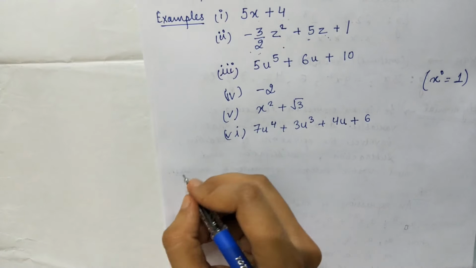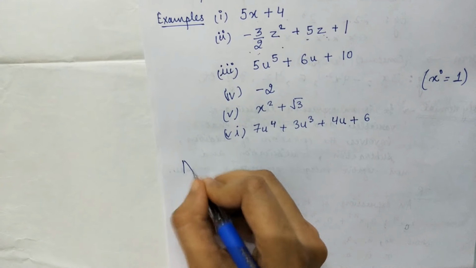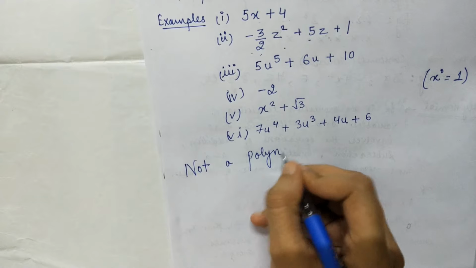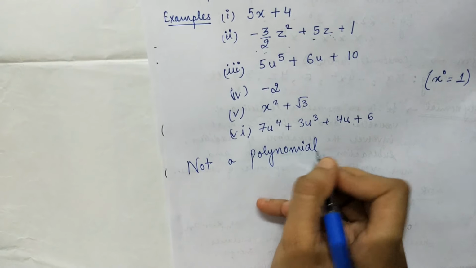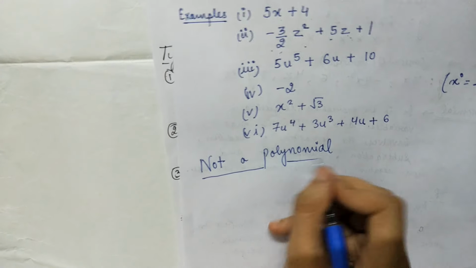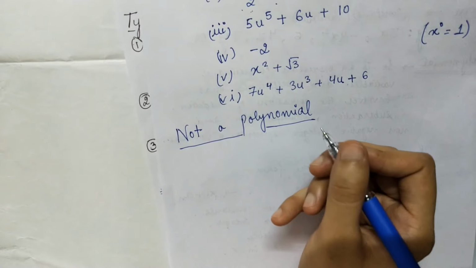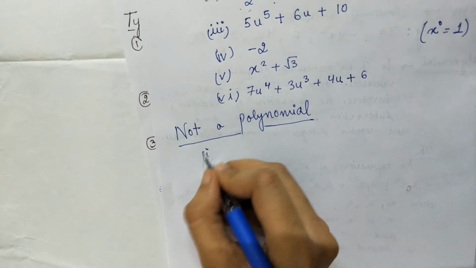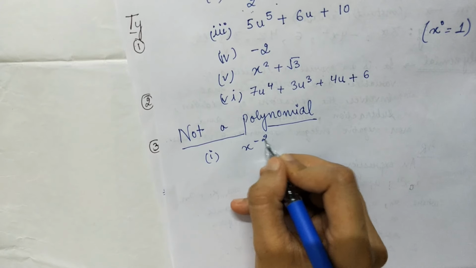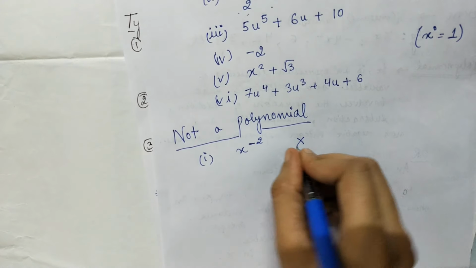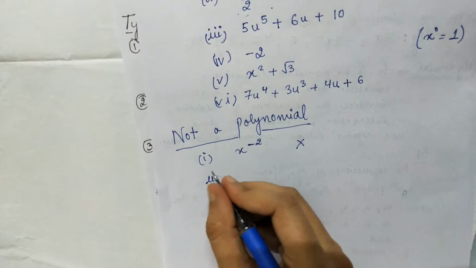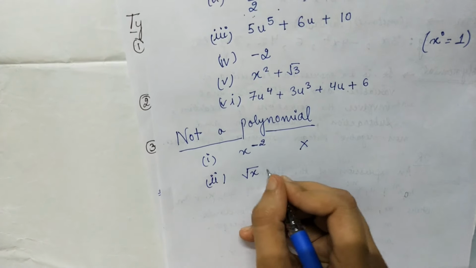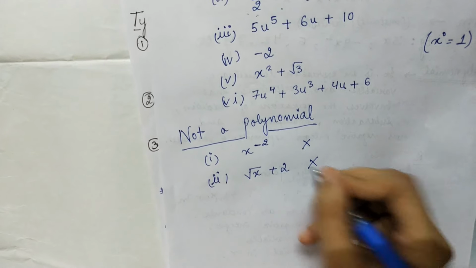Okay, and now we will look at some examples of what is not a polynomial. If any variable has a negative power, then it is not a polynomial, like x to the power minus 2. This is not a polynomial according to the definition. Root x plus 2 is not a polynomial.